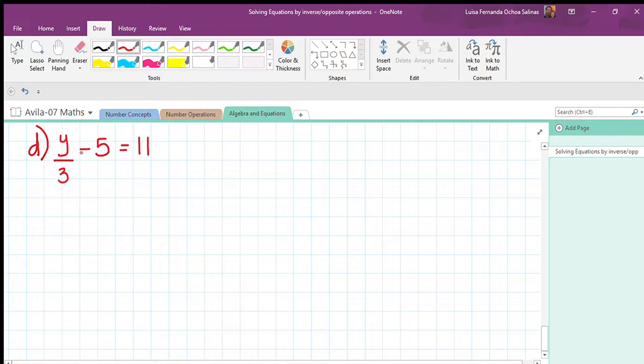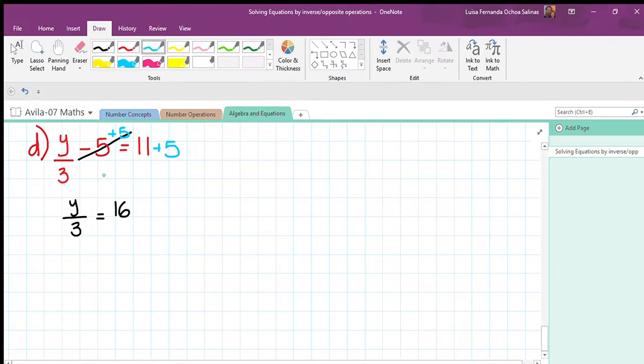So if we think about our order of operations that we thought about before, let's think how I'm going to solve this first. First I'm going to do adding and subtracting, which means that first, how do I undo this minus 5? I have to add 5, both sides. Remember that we always do the same operation on both sides. This means that this gets cancelled, and on this side I have y divided by 3 equals 16.